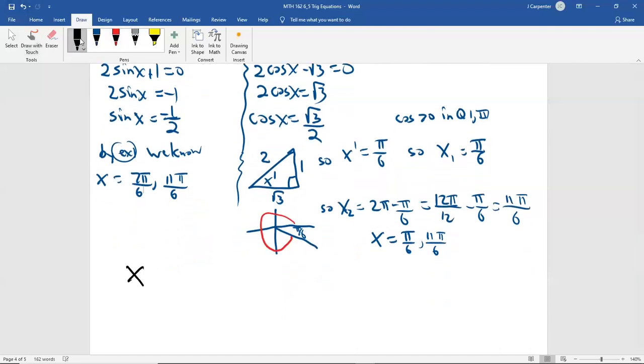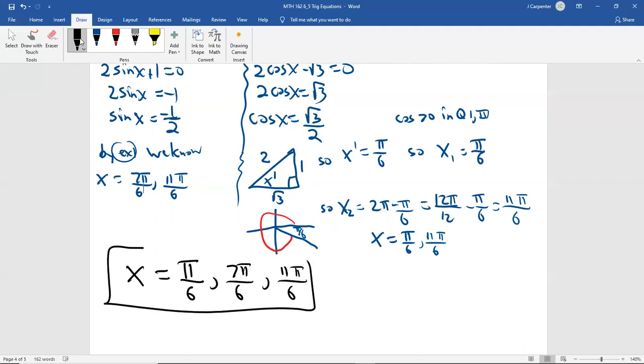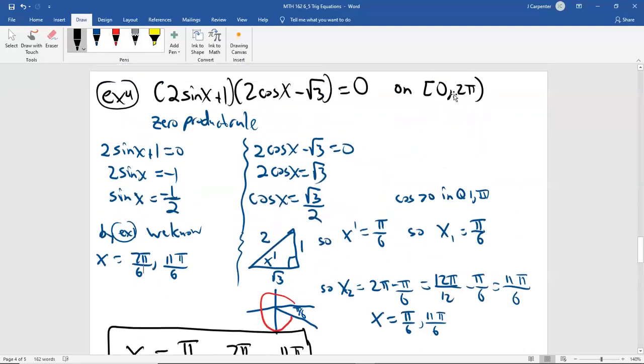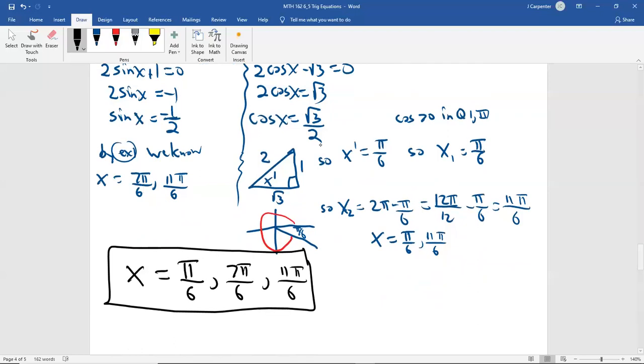So we just say for the solution x equals, and I'll even put them in ascending order, you don't have to, but I'm going to, pi over 6, 7 pi over 6, and 11 pi over 6. That is the solution. There's no +2n pi's or any of that because there were restrictions, and there were no 2x's or 3x's inside of the trig functions. So the 11 pi over 6 just happened twice. It was seen twice. There's no need to write it twice.